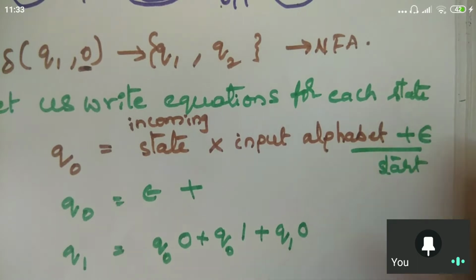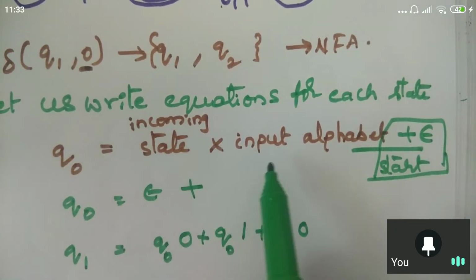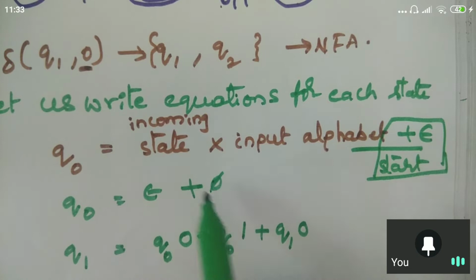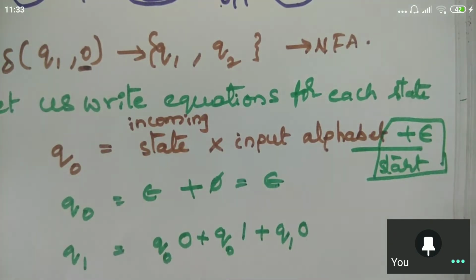For the remaining states you will not have this epsilon. You will have only incoming state multiplied with the input alphabet. So only here we are writing epsilon, and it doesn't have any incoming state or input alphabet. So Q naught is expressed as only epsilon.